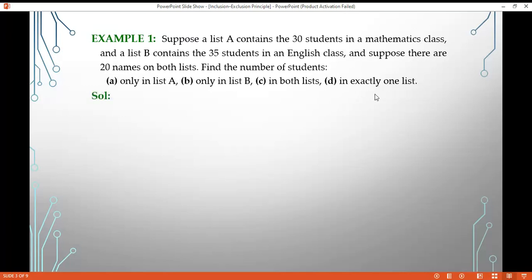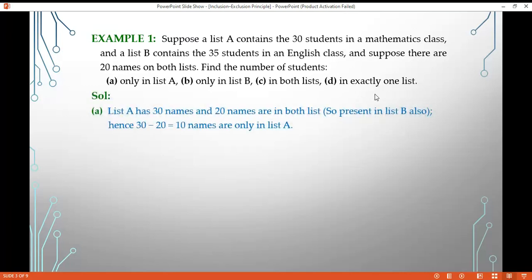So first, in the A part, in list A we have 30 students, right? And here we have to calculate only the students in list A, and we see that there are 20 names in both lists. So 20 names are in both lists.